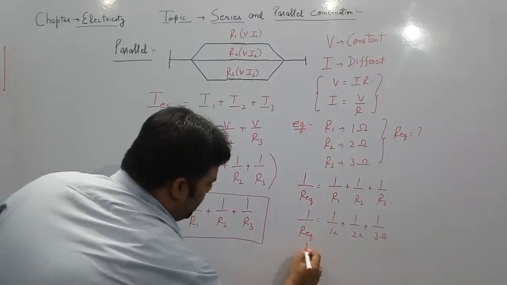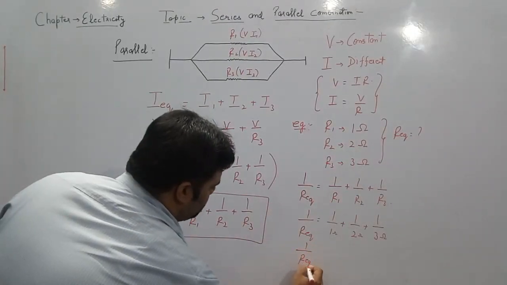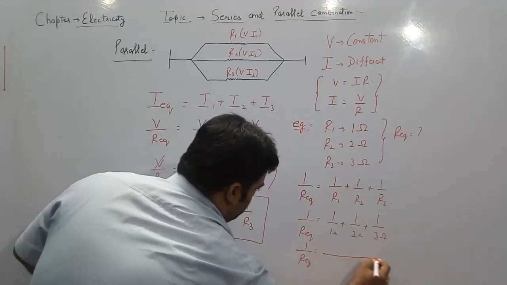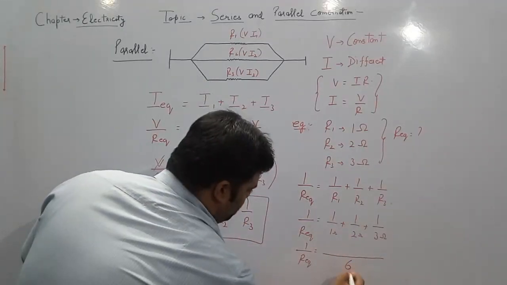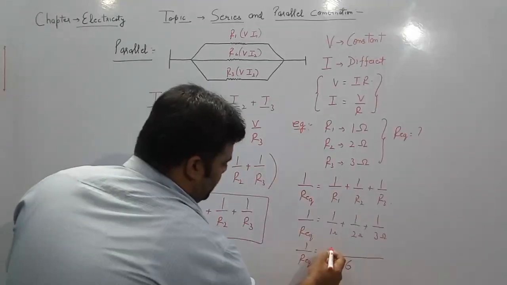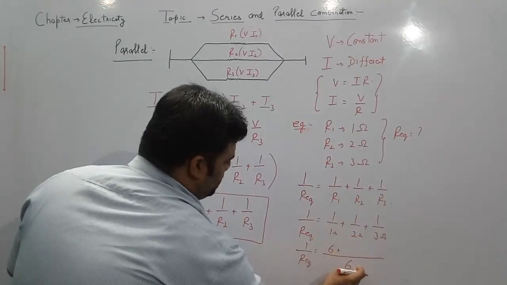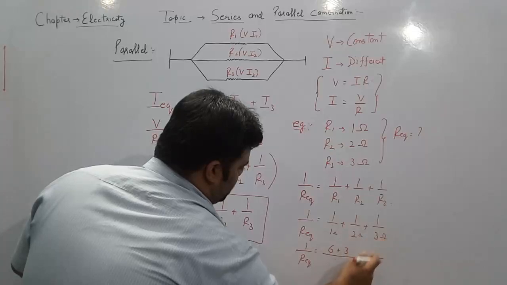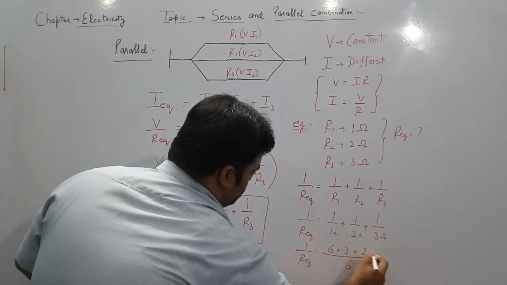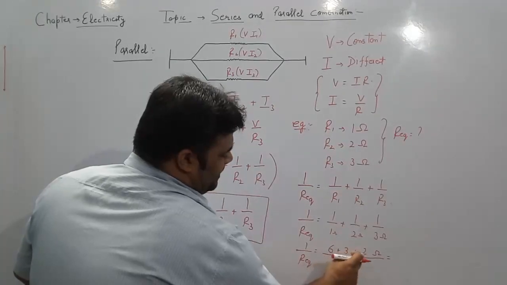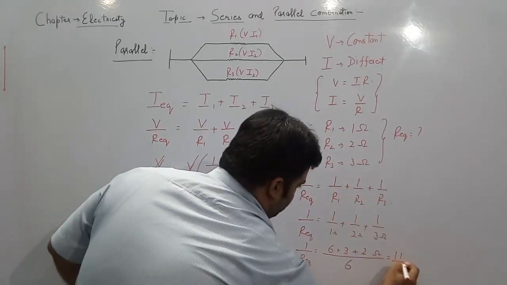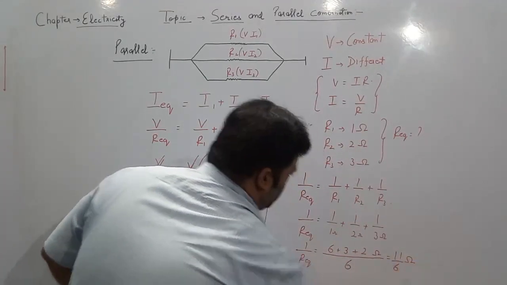Now 1 upon R equivalent is equal to the LCM of 3, 2 and 1, that is 6. So it will become 6 over 6. Again, 6 plus 2 3s are 6, that is 3, plus 3 2s are 6, that is 2. So it will become 6 plus 3 is 9, 9 plus 2 is 11, 11 upon 6 ohm.